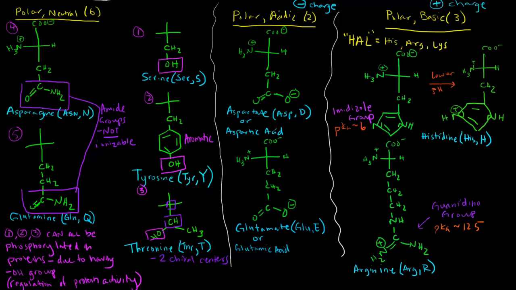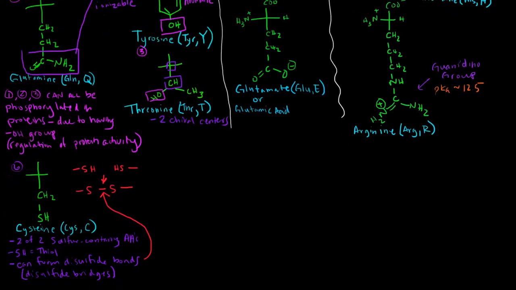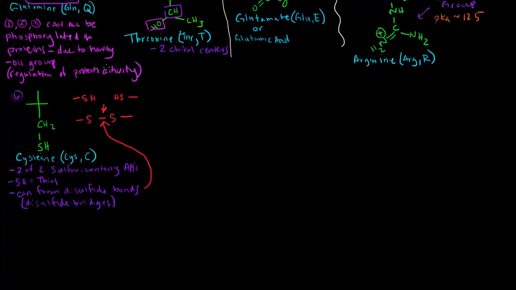There's one more, lysine, the last polar basic amino acid. Let's draw that and finish this off. So the last polar basic one will look like this. I have that carboxyl group, amino group, hydrogen, and then lysine has 4 CH2s.